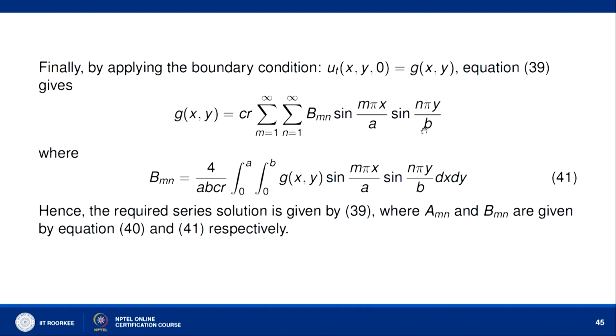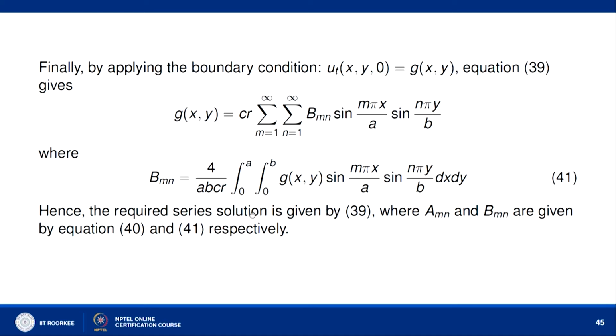Again you multiply by sin(k pi x/a) sin(l pi y/b), and using orthogonality you can find b_mn equal to 4/(ab cr), integral 0 to a, 0 to b of g(x,y) sin(m pi x/a) sin(n pi y/b) dx dy.